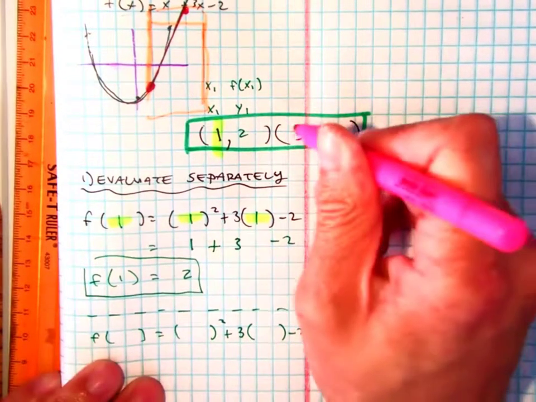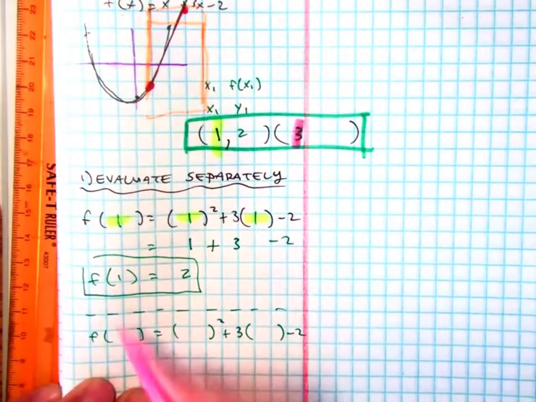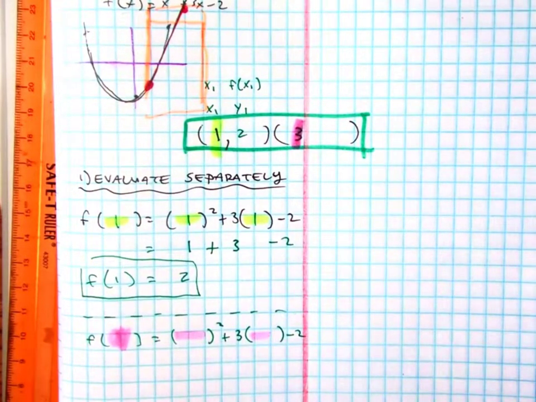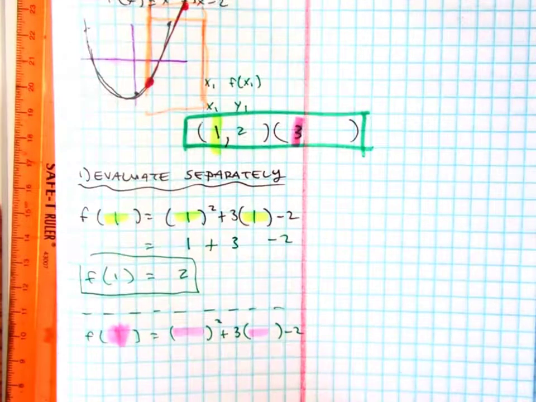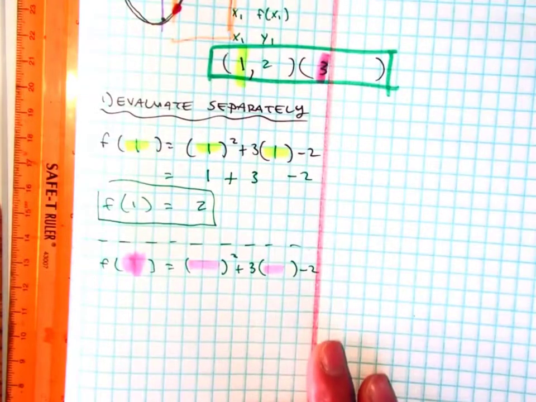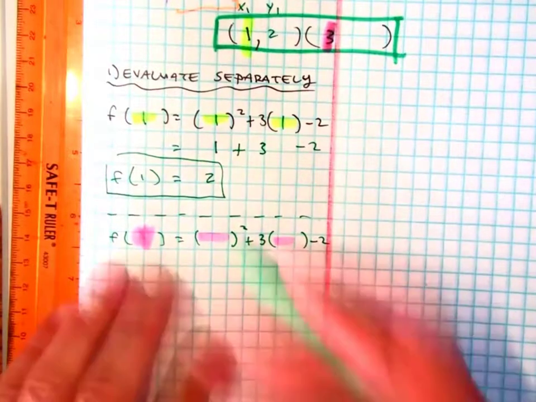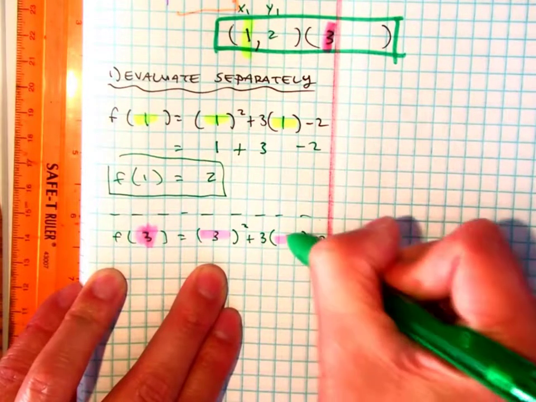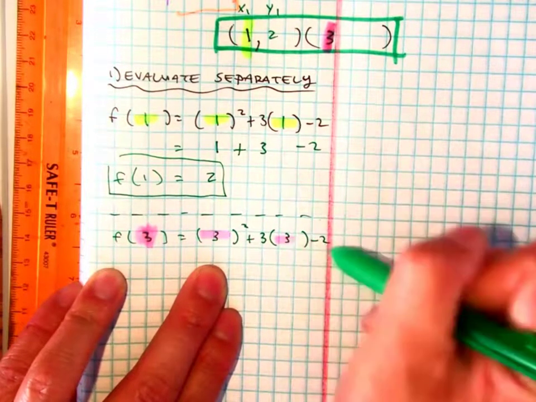My input's going to be a 3. Every x value, put in 3. So now I have f of 3 equals 3 squared plus 3 times 3 minus 2.